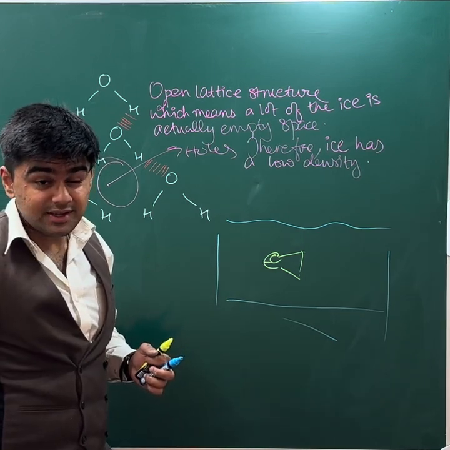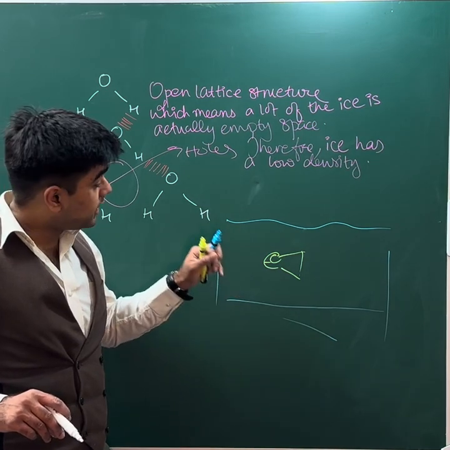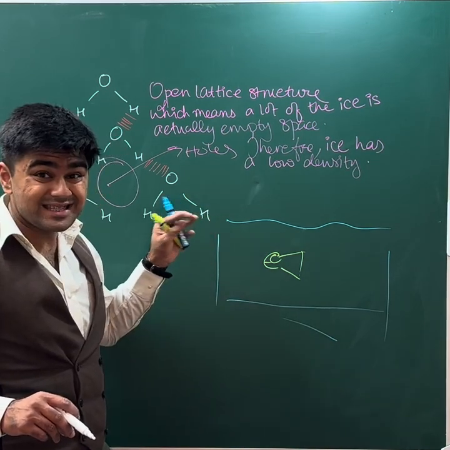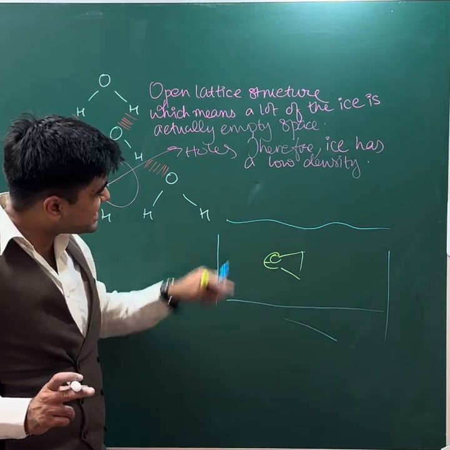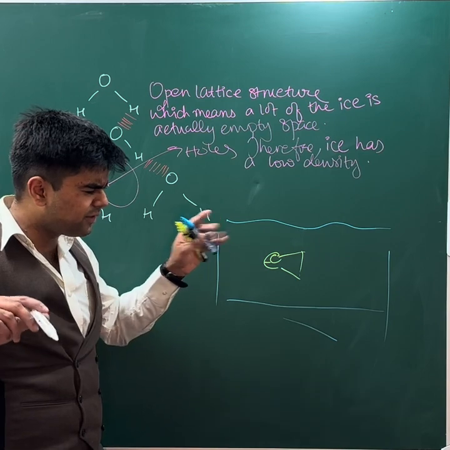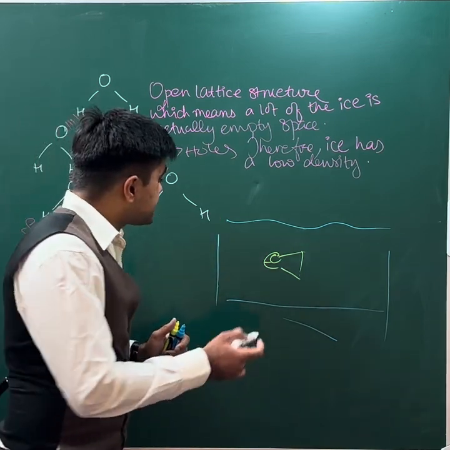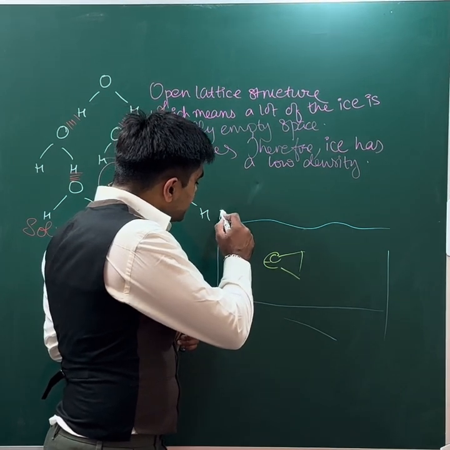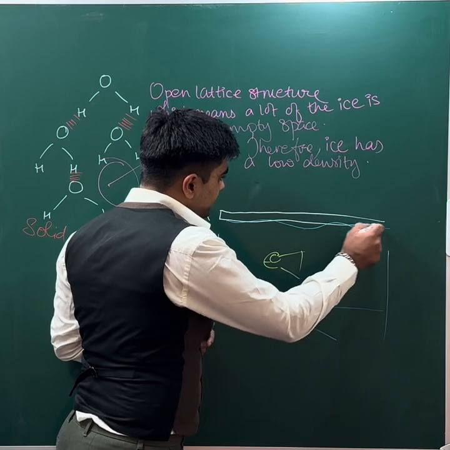Ice comes and saves the day, because ice can float. Because ice has a lower density than water, it can float. And when the temperature drops a lot, this top water starts to freeze, it starts to become ice. So now you've got a layer of ice forming on top of your water.